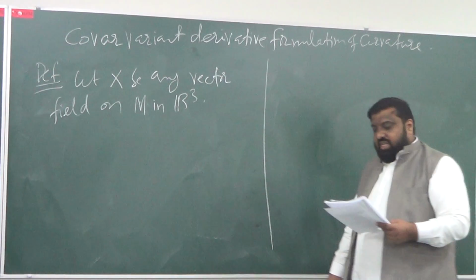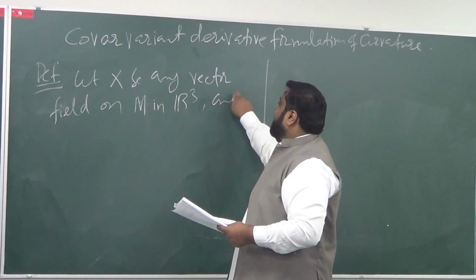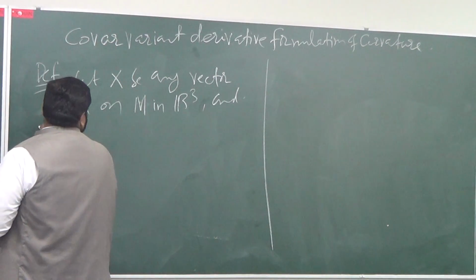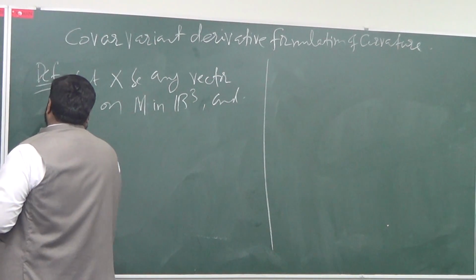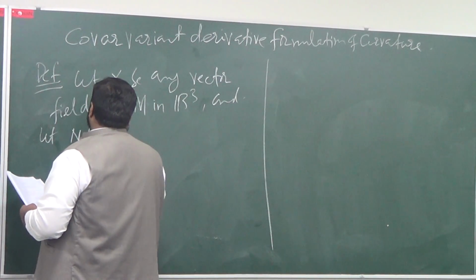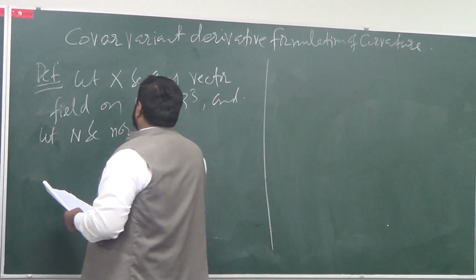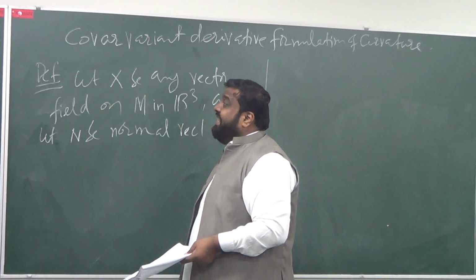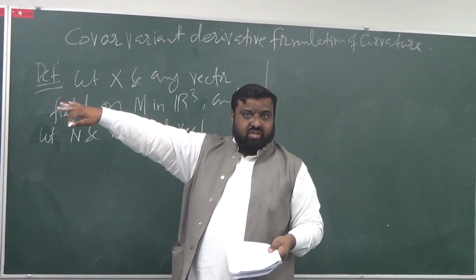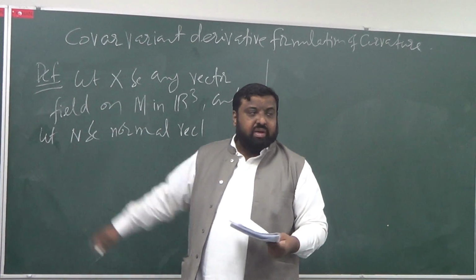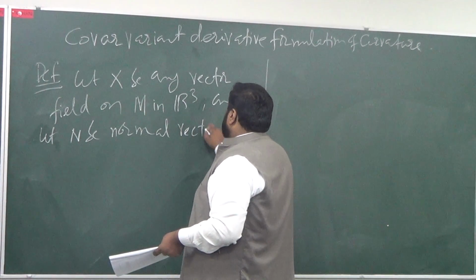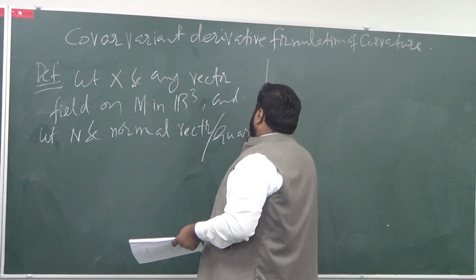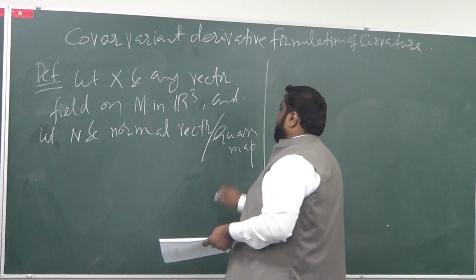And let N be the normal vector, and you can treat N as the Gauss map. Okay, you can treat N as the Gauss map.